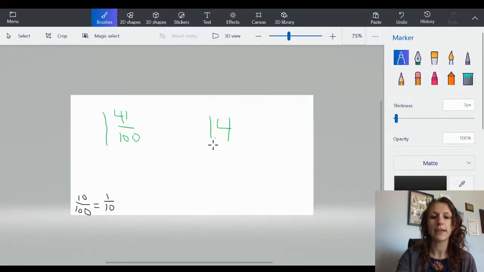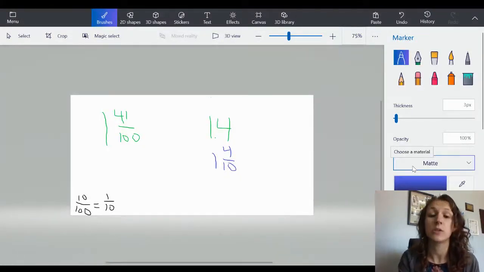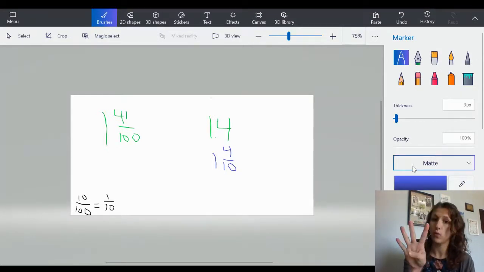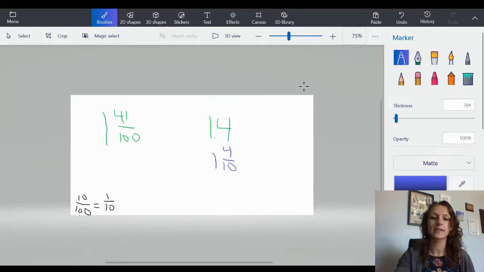When I'm looking at this, we can remember that 1 and 4/10ths is going to be the same as 1 and 40/100ths. So I have 1/10, 2/10, 3/10, 4/10ths, 10/100, 20/100, 30/100, 40/100.